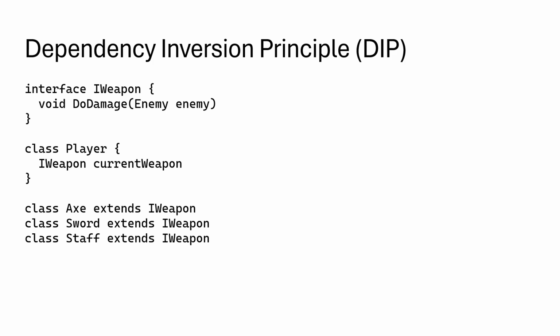So let's go back to our weapon example just now. Instead of inheriting from a concrete class called base weapon, I'm just going to create an interface called iWeapon. And in my player class, I'm going to refer to the iWeapon interface instead of referring to the base weapon class, or having three different references to each of the implementations of the weapon class.